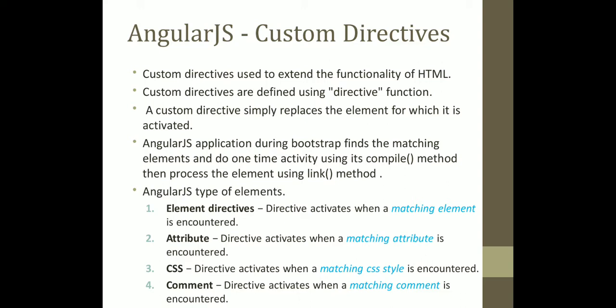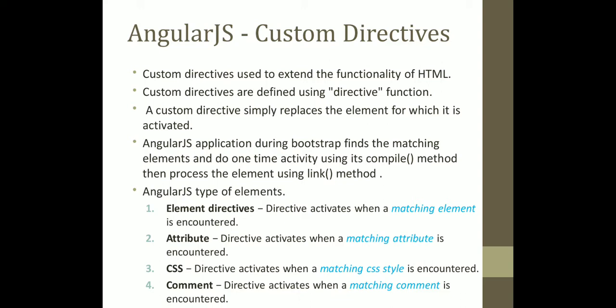While making custom directives in AngularJS, there are many things involved, like creating the directive, then defining the directive object, how to signify that directive in an element directive, then using a template that will replace the complete element.